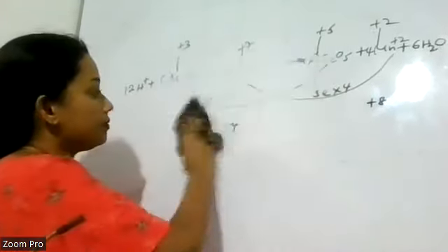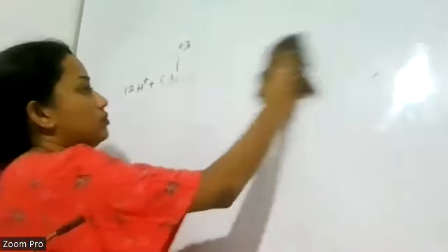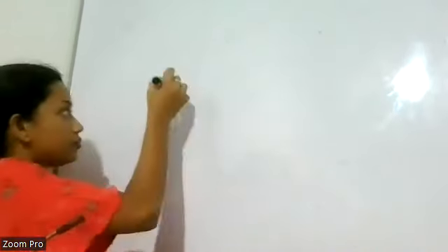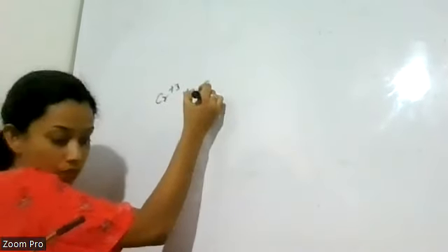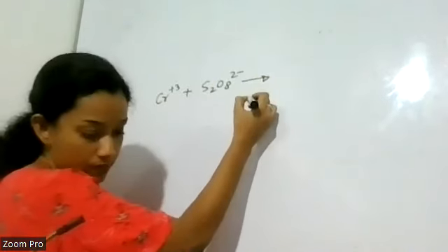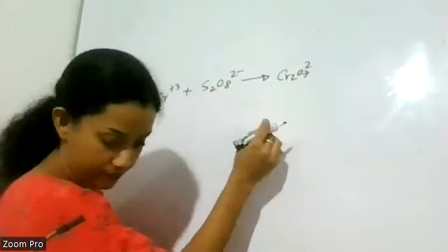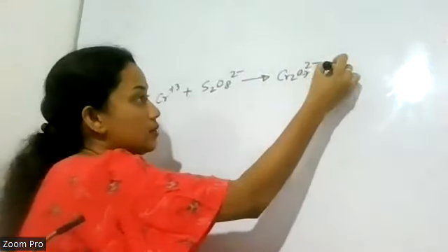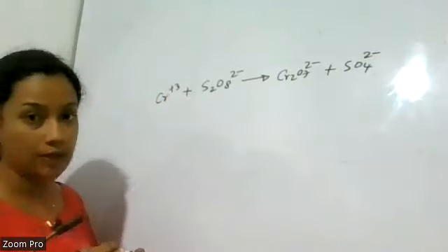Another example. Cr3 plus and S2O8 2 minus into Cr2O7 2 minus plus SO4 2 minus in acidic medium.